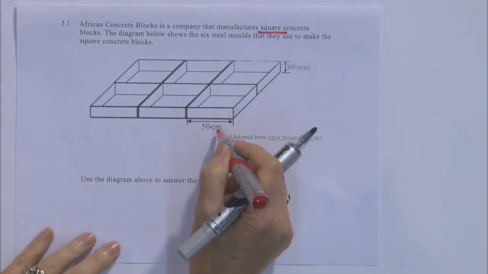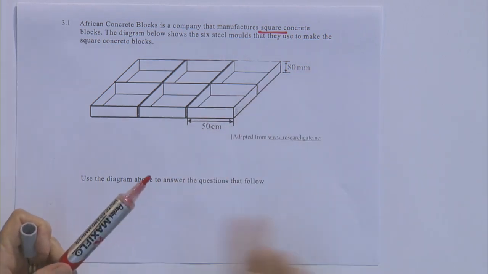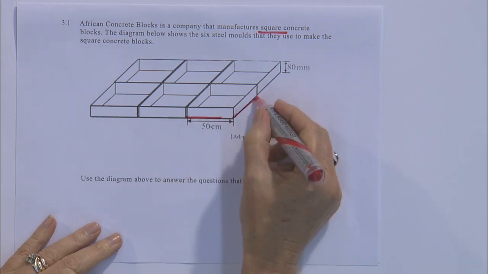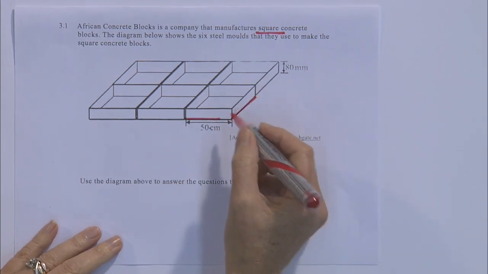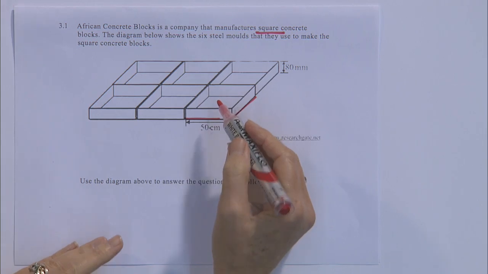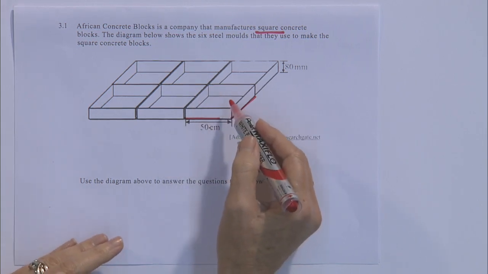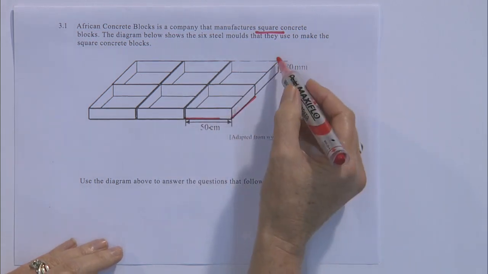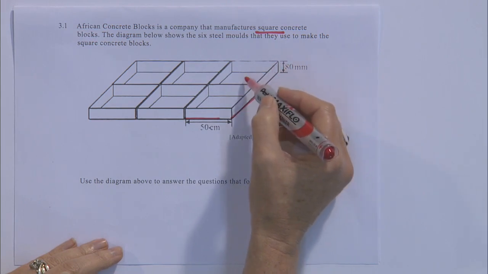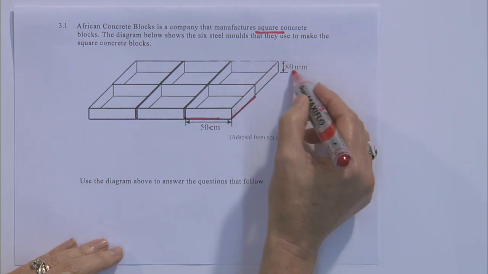So 50 centimeters, so if it is a square, this will be 50, that will be 50 centimeters. It's a mold to make the square concrete blocks. And then they tell us the depth of the block is 80 millimeters.